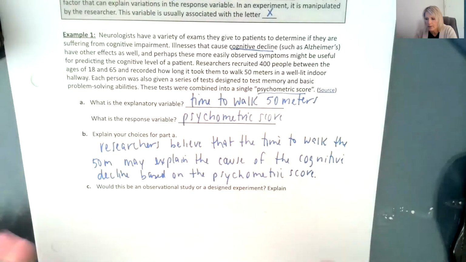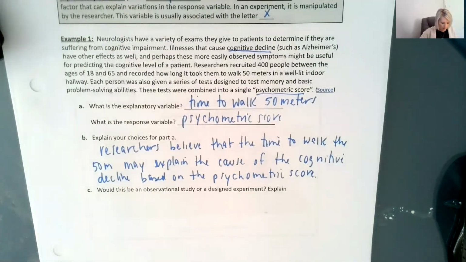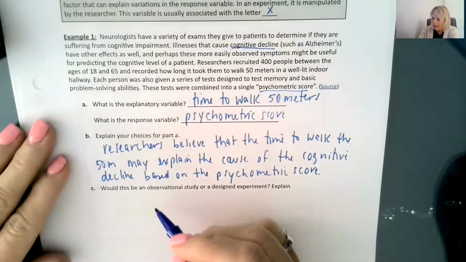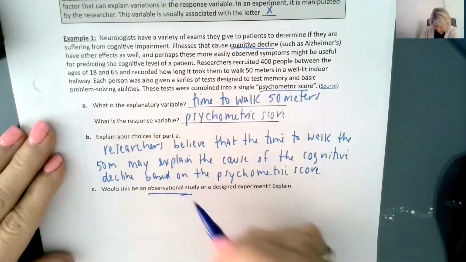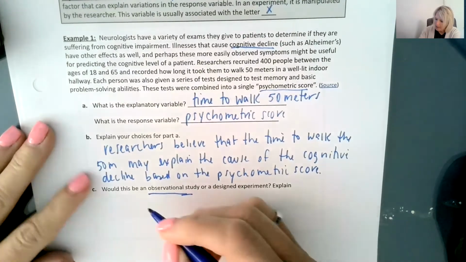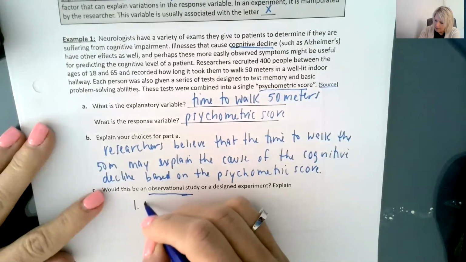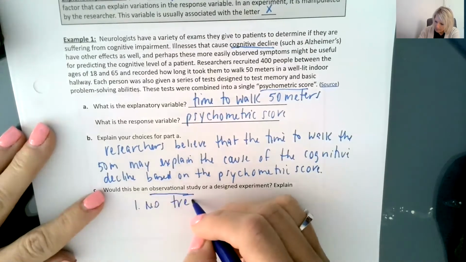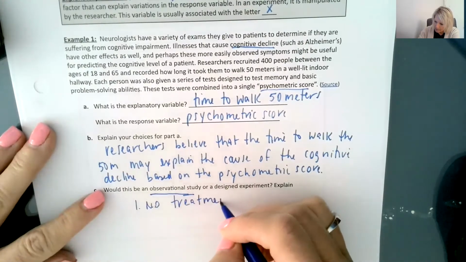And going back to what we learned in lesson 1.1 and 1.2, would this be an observational study or designed experiment? So this would be an observational study. And that's because there's no treatment given.